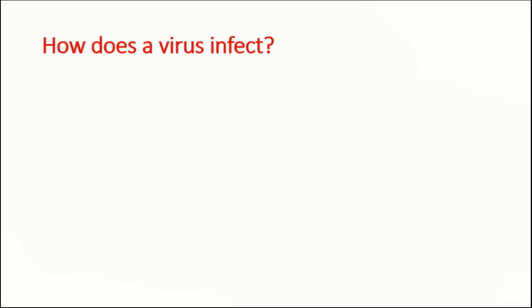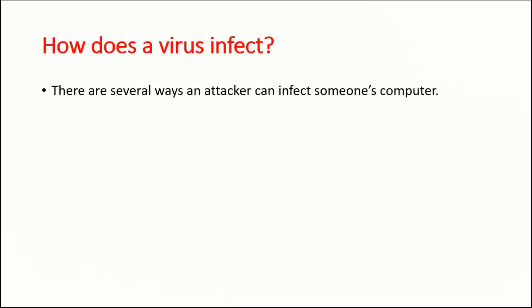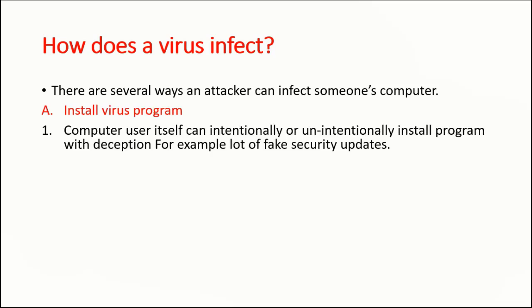How does a virus infect? There are several ways an attacker can infect someone's computer. Let's understand their major types. Install virus program: a computer user can intentionally or unintentionally install a program with deception, for example, a lot of fake security updates.